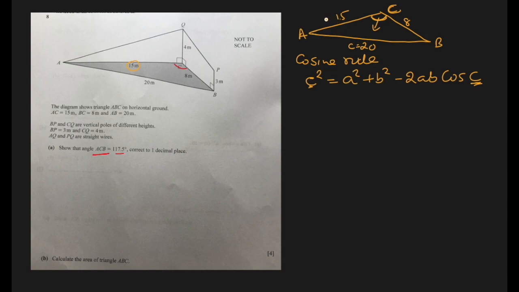Similarly, the side is B and opposite to it is 15. So small b is 15 and a is 8. And we'll just substitute and we'll get c. C square, 20 square equal to 8 square plus 15 square minus 2 times 8 times 15 cos c.